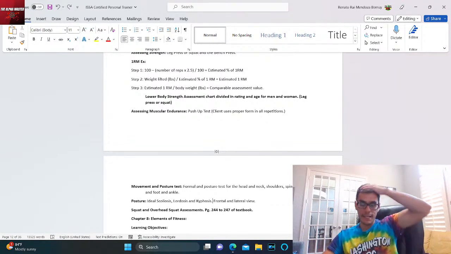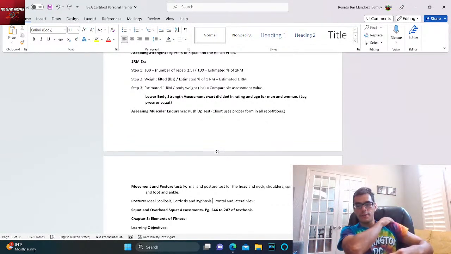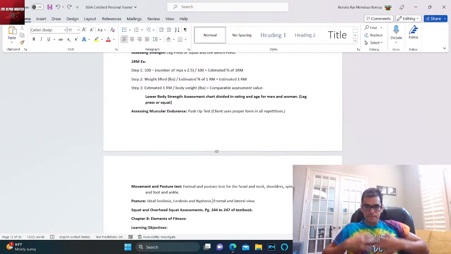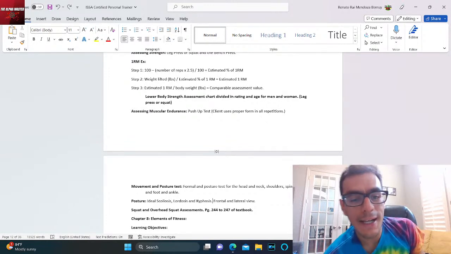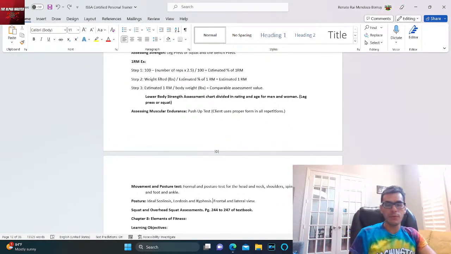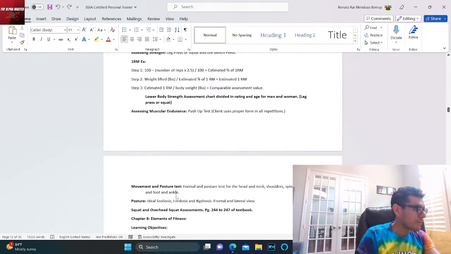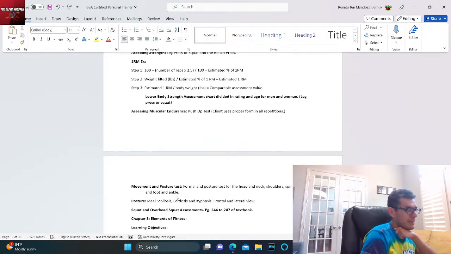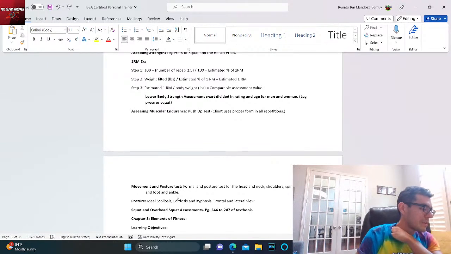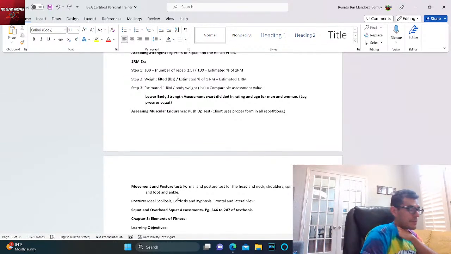So the postures that we're going to have in the movement and posture assessments are the foot and ankle, knee, hips, spine, shoulders, and head and neck.